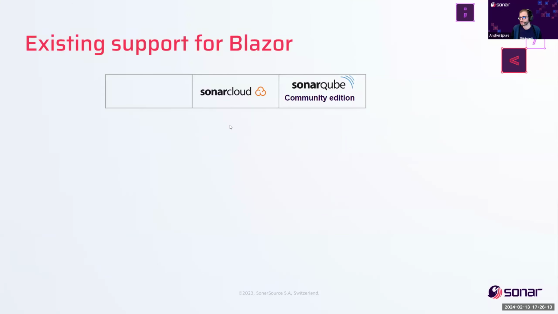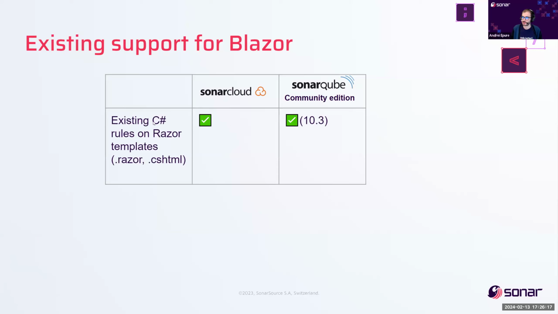And then I just want to share with you our current state of what we support for Blazor. So first of all, all our existing C# rules that are on SonarCloud and on SonarQube raise issues on Razor templates, so .razor files, .cshtml files, be they in Blazor applications or in other Razor pages or ASP.NET Core MVC, so only in .NET, not in .NET Framework currently, but we raise issues on both.